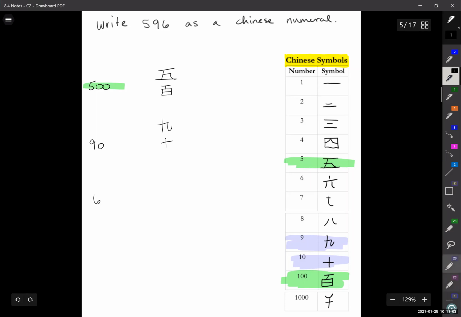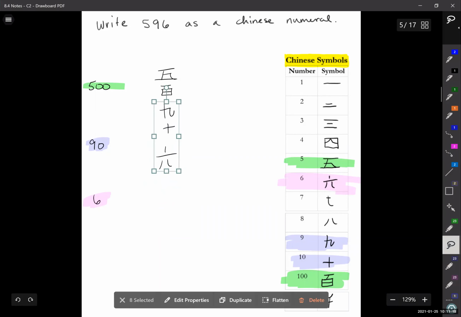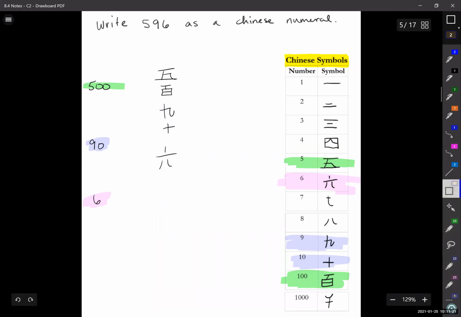And then finally just our leftover 6. Any questions here before we move forward?